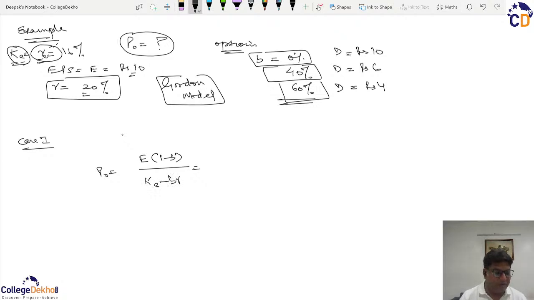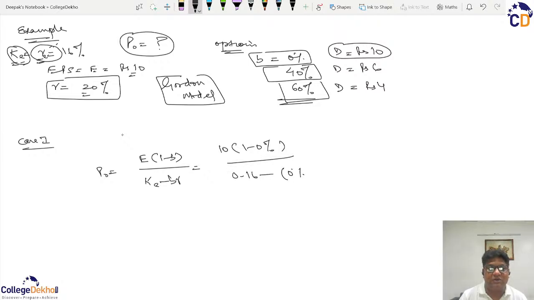In the first case, the retention ratio is 0. If you take the first retention, then the dividend is the full 10. So either I can write the full 10 in the upper part, or I can show this as 1 minus 0% upon KE, that is 0.16, minus B, which is 0%, multiplied by R, which is 20%.